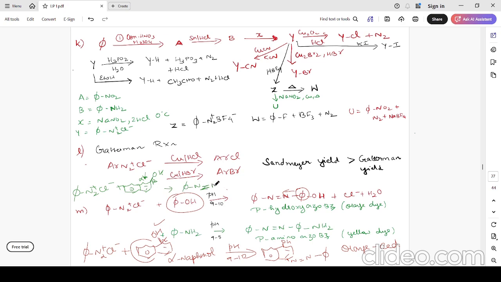I have N double bond N. I am having benzene here. The bicyclic ring is there. So at this position it gets added and the OH is still available here. Understood both of you? Yes, ma'am. The color of the dye is again orange reddish.